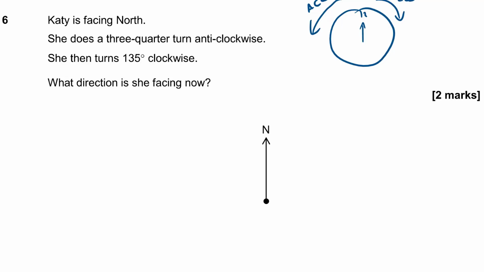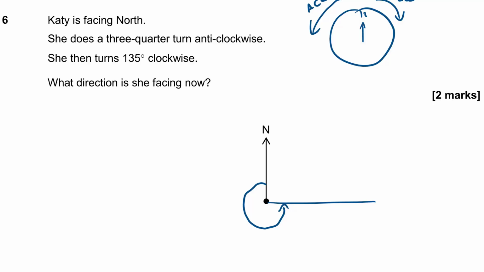So if we are turning 3/4 turn anti-clockwise from north, we're going to end up doing a 3/4 turn around to this direction, aren't we? If she then does a 135 degrees clockwise turn, we're going back the other way, aren't we? The way we just came.